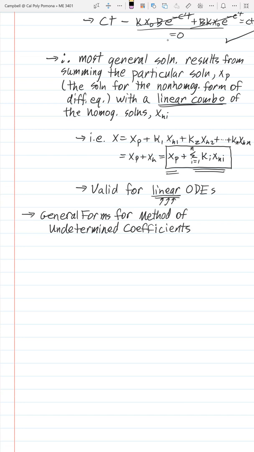That was another part of this idea of being linear, is that you can scale them, which is why we can form linear combinations of the basis functions for the homogeneous form of these linear time invariant differential equations, or actually just linear ODEs. Doesn't even have to be time invariant in that particular case.